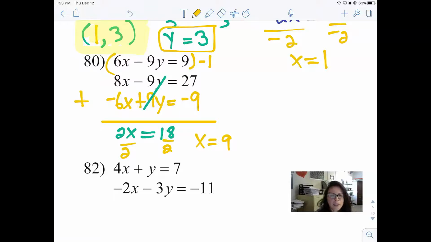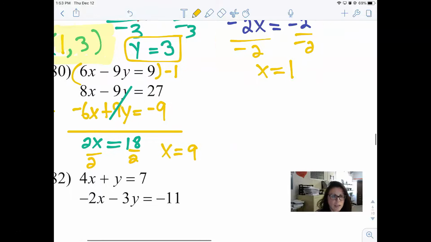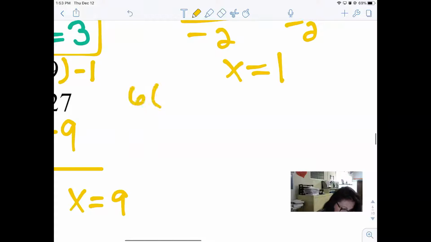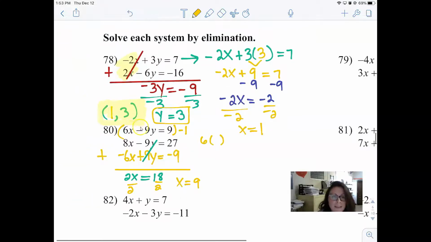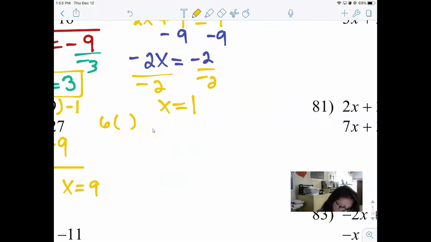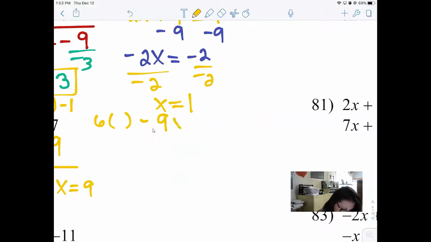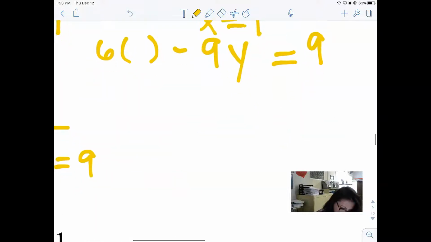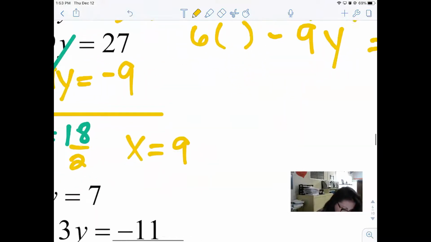Now that I know x is equal to 9, I can plug into either equation to solve for y. So I'm going to plug into the top equation right here. It's going to be 6 times x minus 9y equals 9. We said x equals 9.